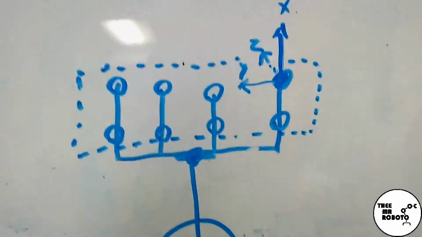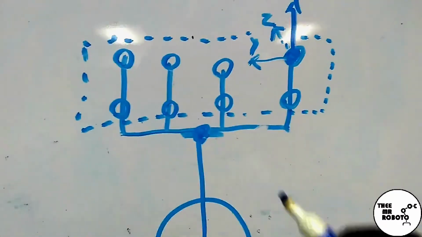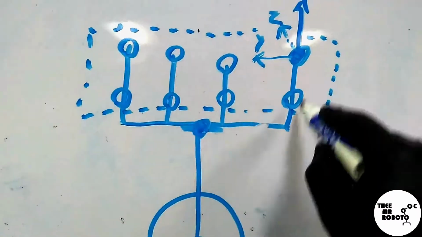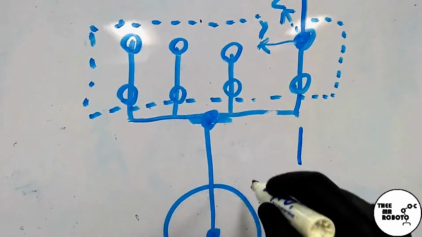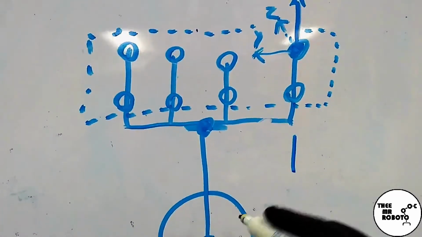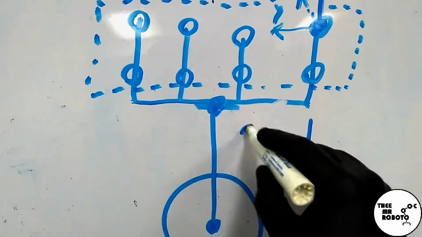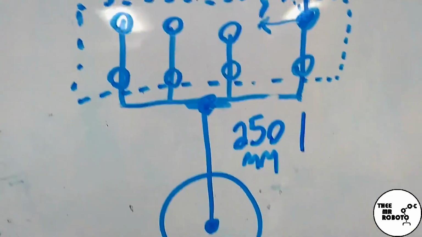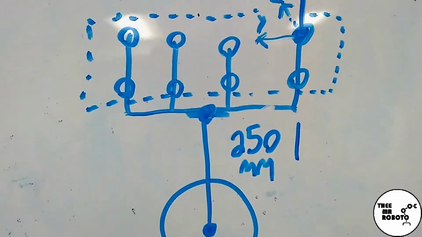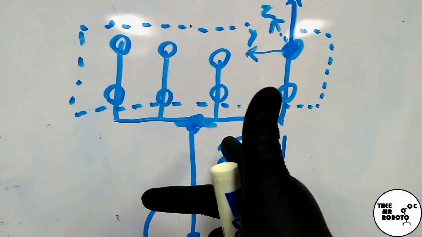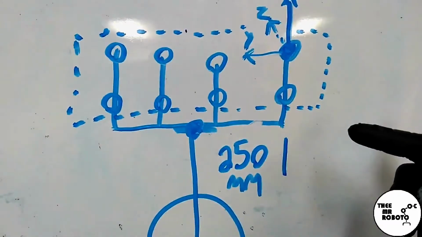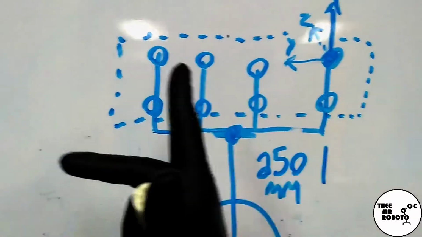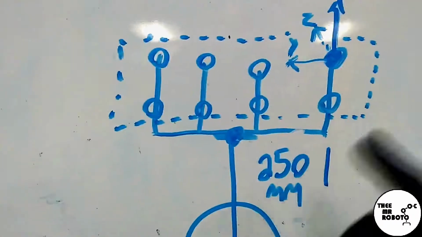So this coordinate system might have an offset dimension of, let's say, 250 millimeters in the negative y direction, right? So if it was this way, it would be positive, this way it's negative, all right?